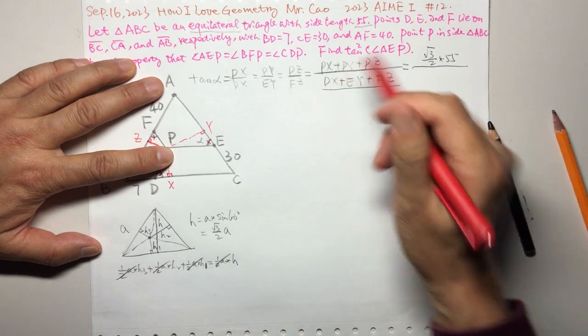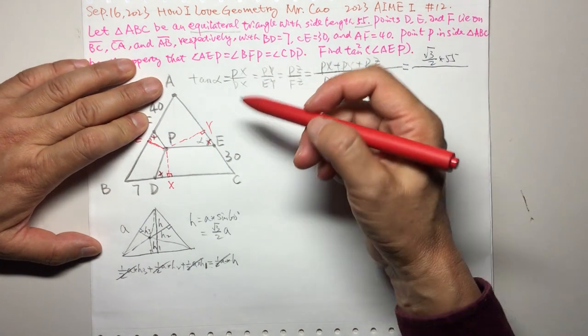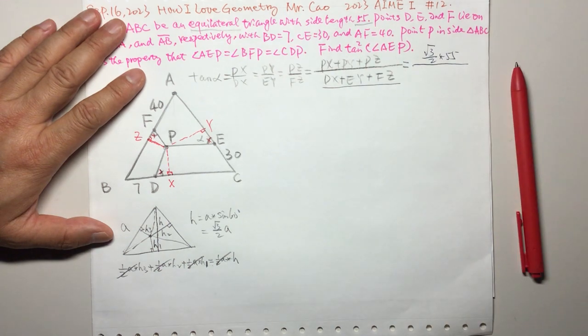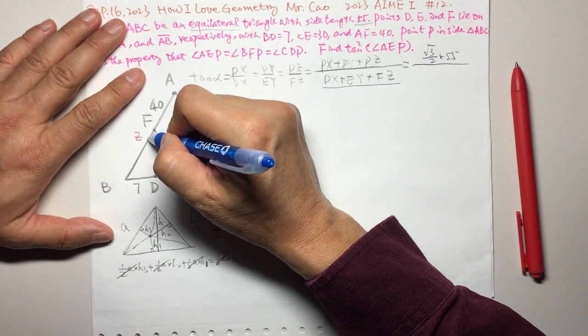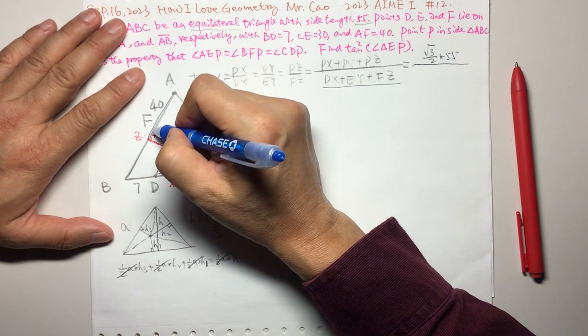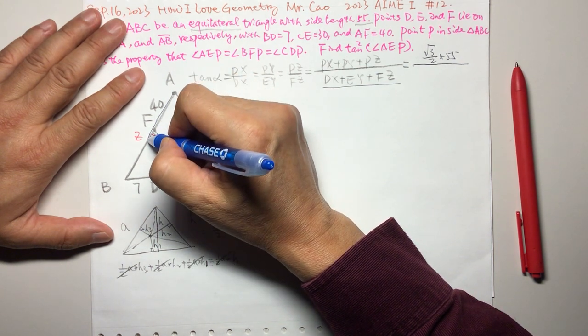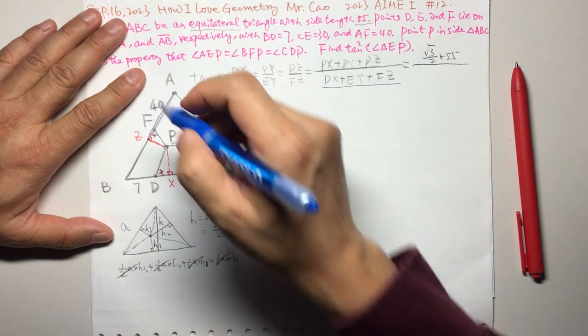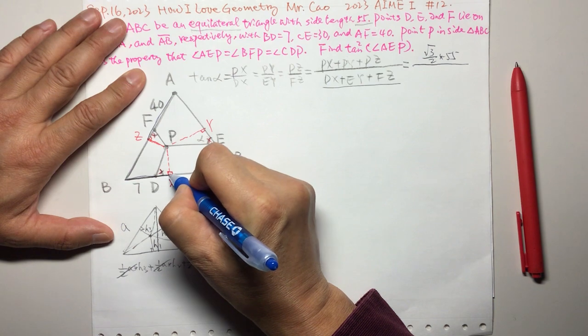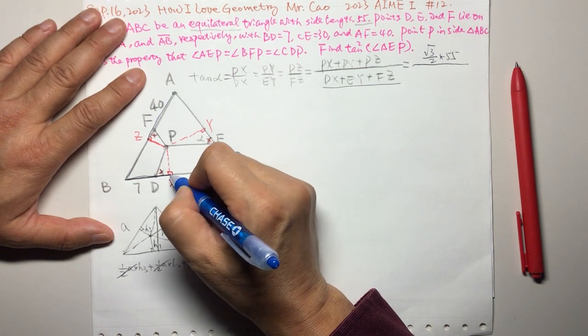How do we find this DX plus EY plus FZ? To solve this one, if we know the length of this, then minus 40 will be ZF. If we know the length of this one, then minus 7 will be DX.